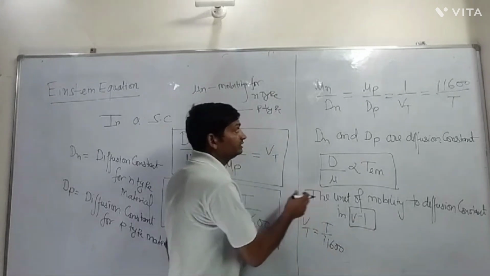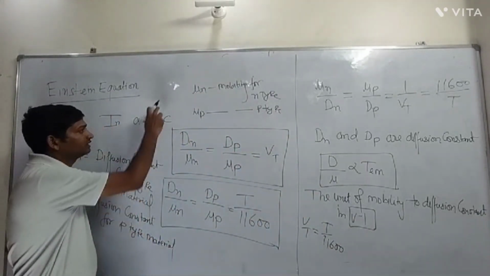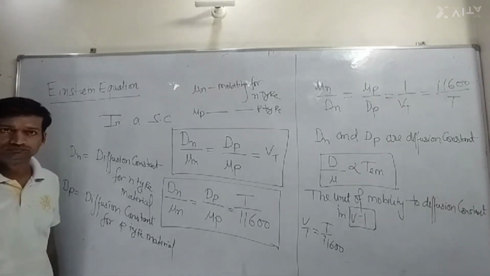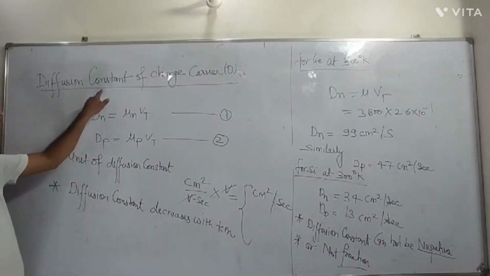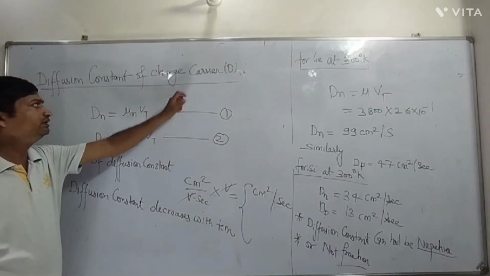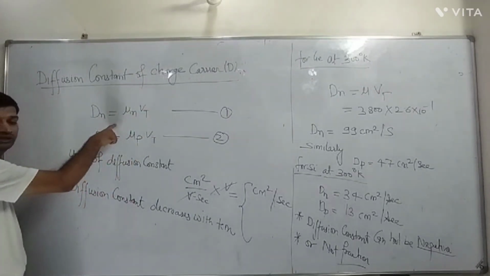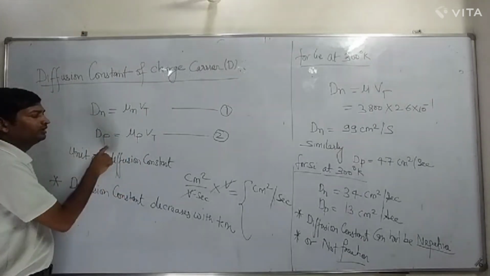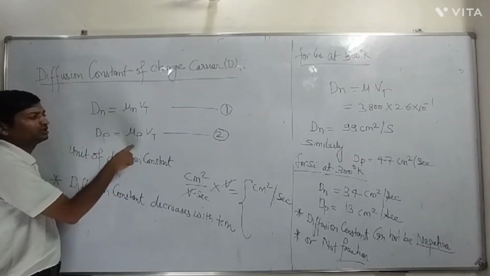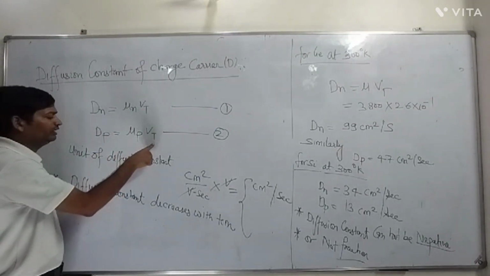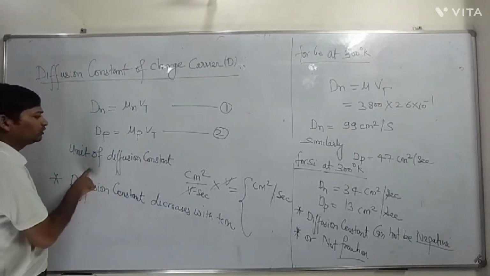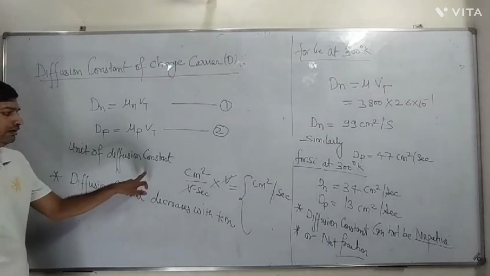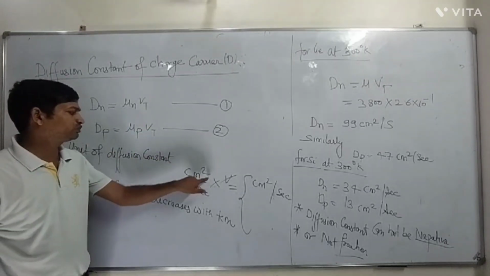So we can write the overall Einstein equation with respect to temperature. The diffusion constant of charge carriers is denoted mathematically as Dn is equal to mu n Vt, and similarly for p-type material Dp is equal to mu p Vt. For the unit of the diffusion constant, the mobility unit is centimeter square per volt second.